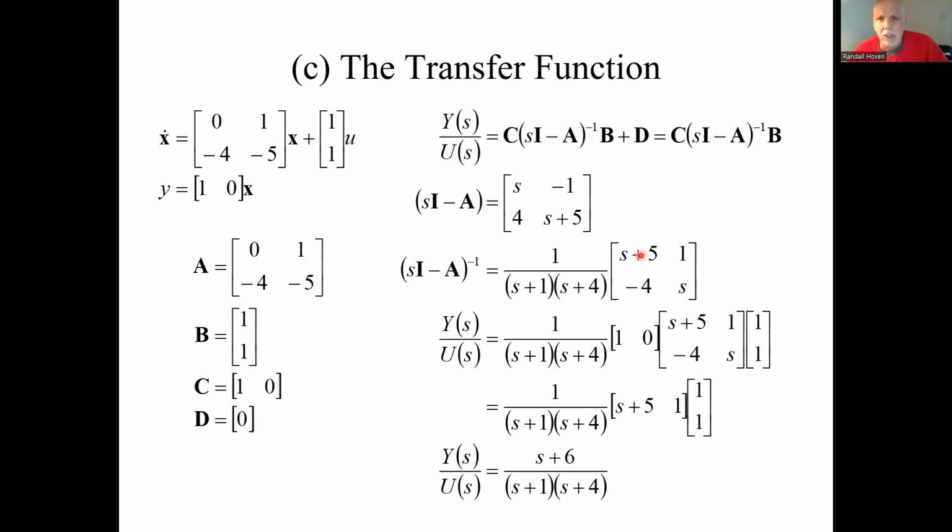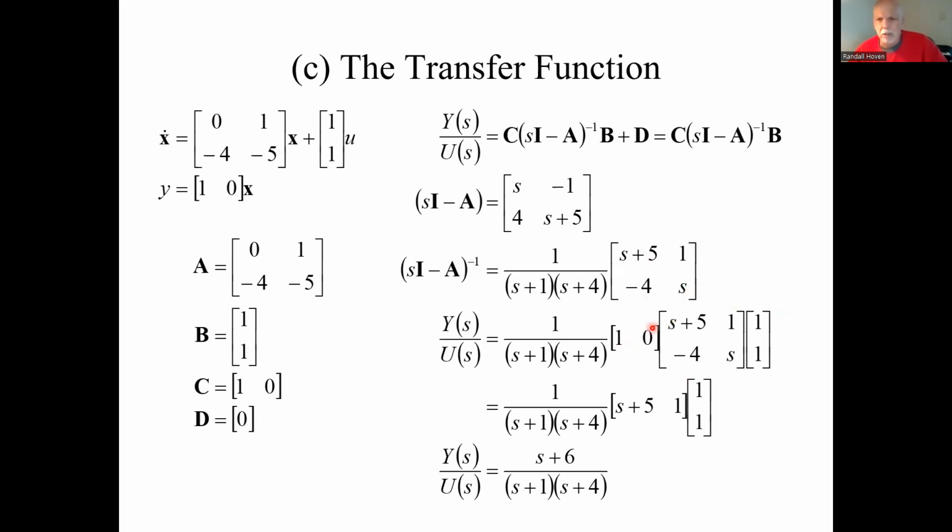For the inverse of a 2 by 2, I switch these two terms on the main diagonal and change the signs of the off diagonal. It's sI minus A inverse. And what do I need to do? Multiply by C and by B. Here is C. Here is B. So I have to do these matrix multiplies.